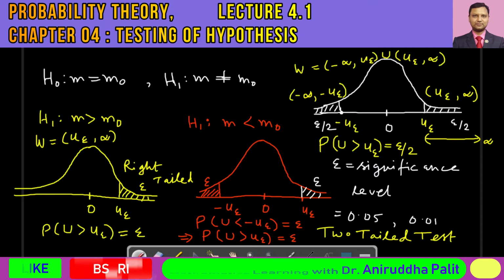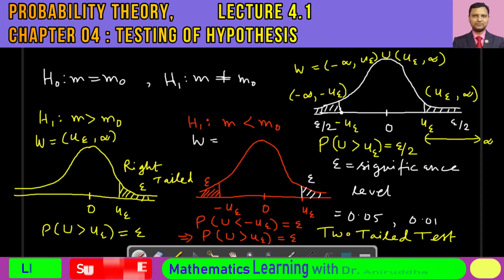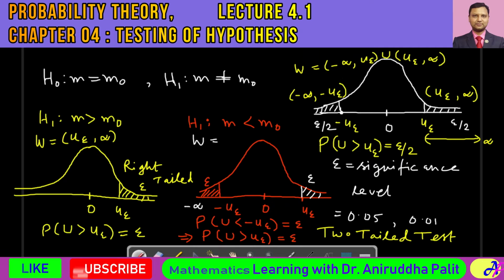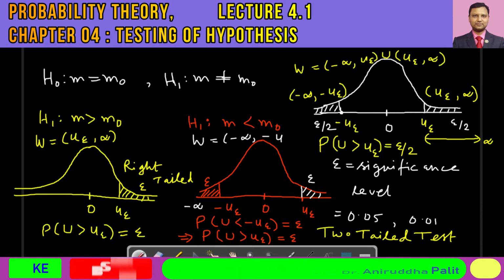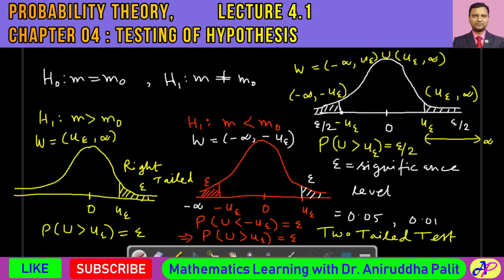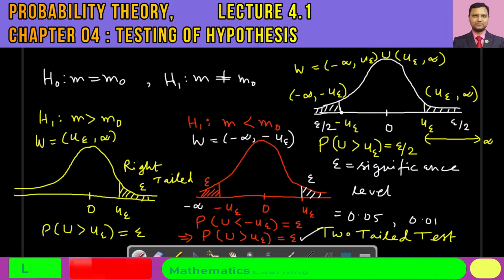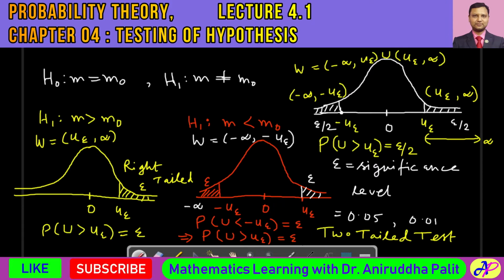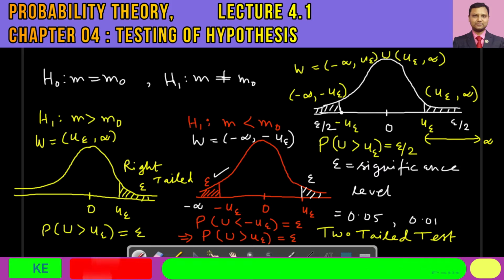This much area would also be equal to epsilon, and in this case what would be the critical region W? The critical region W would be starting from -infinity to minus u epsilon. This would be the critical region, and we are trying to find out the value of u epsilon with the help of this type of inequality. This type of test is related with the critical region situated on the left.